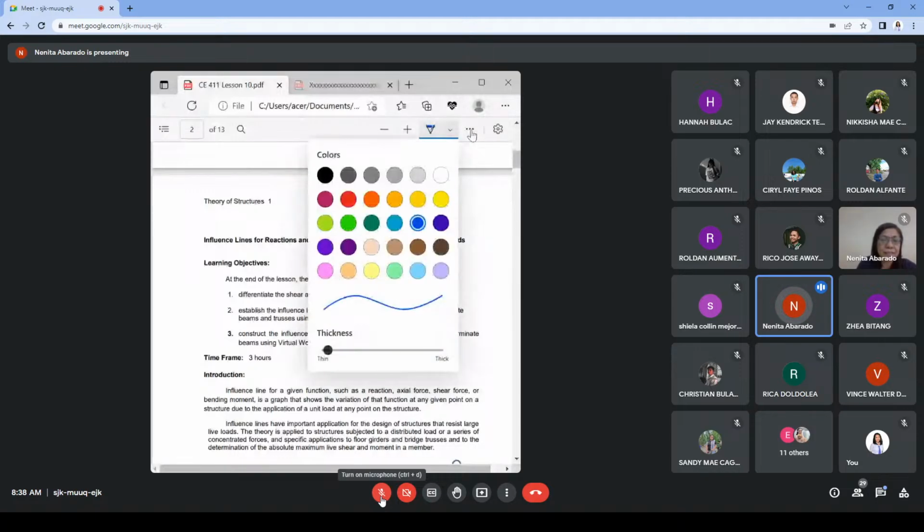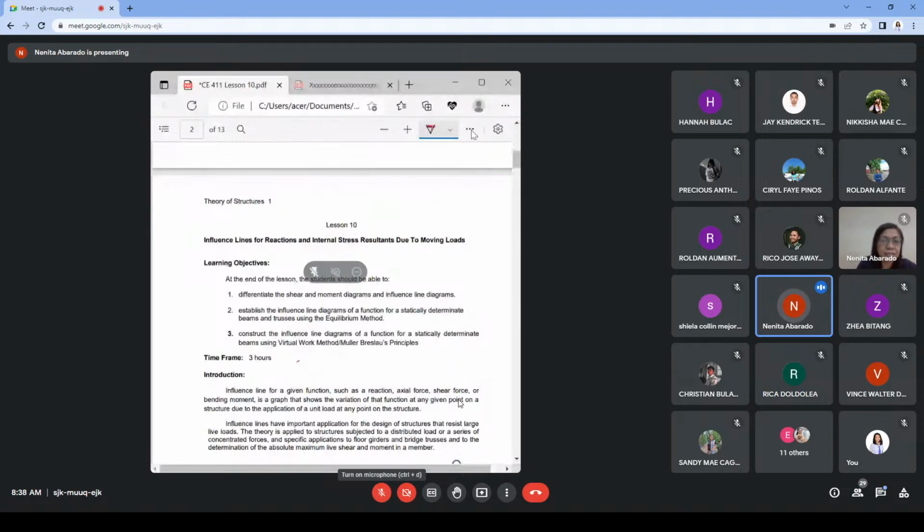Ani class ha, kining function na ni, kining function na niya. This means this can be an action, this can be a shear, and a moment. Okay? And last, we are going to construct the influence line diagrams of a function.